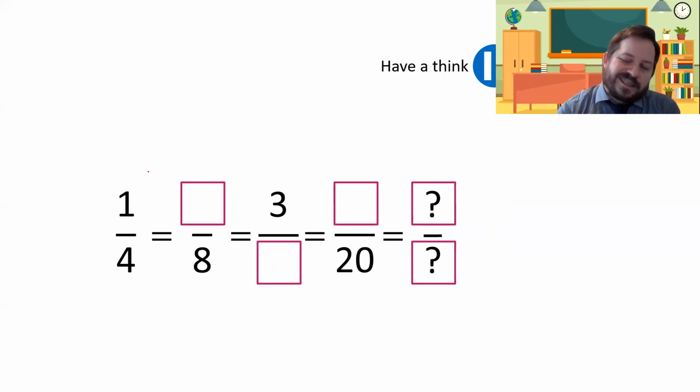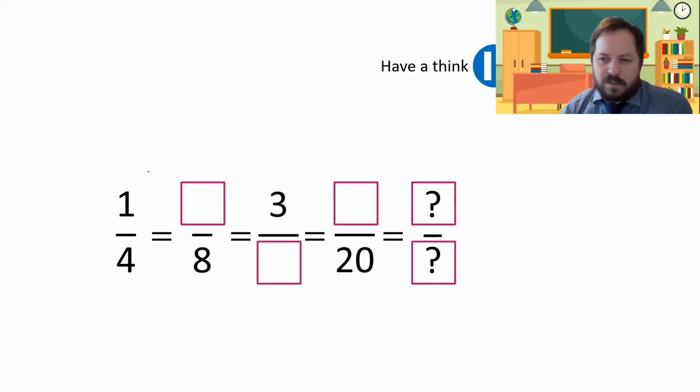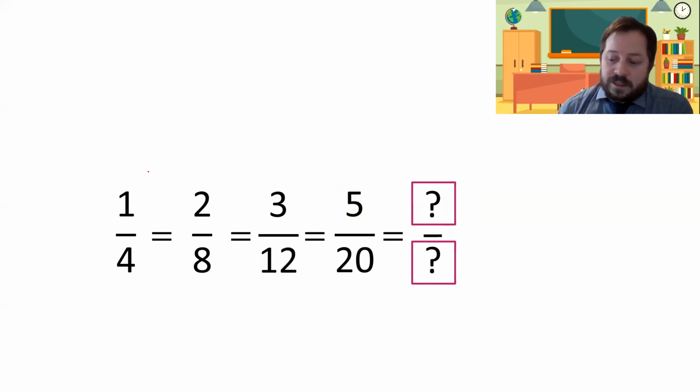Okay, so this is actually just using what we were looking at before, which is that fraction wall-esque thing where we did our splitting up. What was 1/4 equal to in terms of eighths? Well, it was 2/8. If we had 3 of what was the same as a quarter, it was 12ths, and we had 5/20ths.